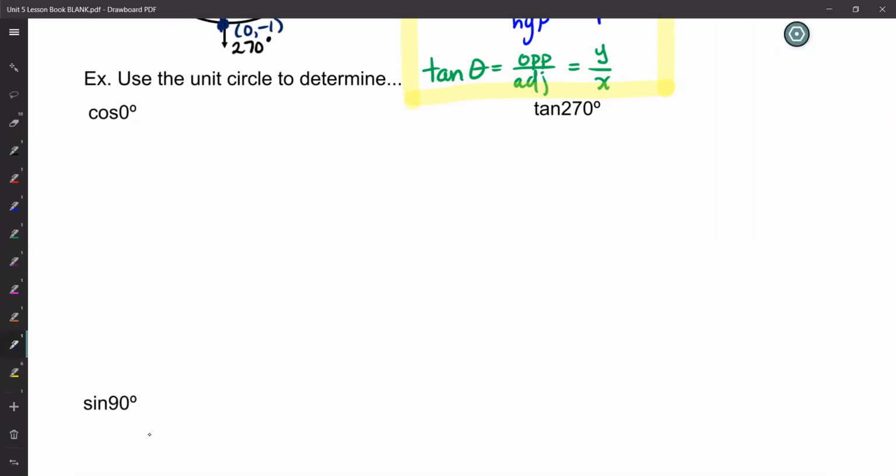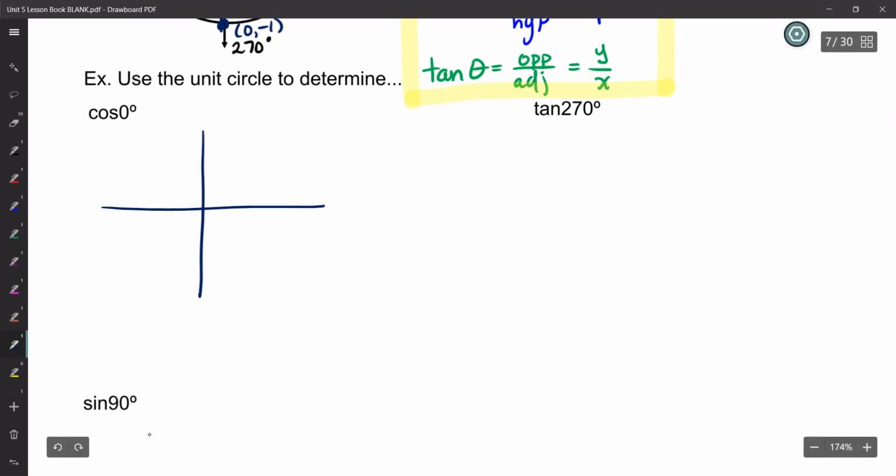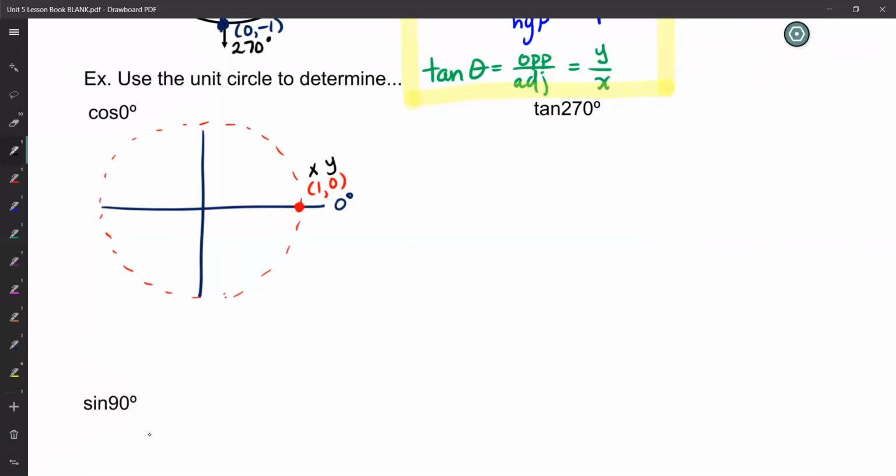Okay, so cos of 0. If I look at my unit circle, at the 0 degree mark, I know that I have at this location right here the point 1, 0. And this is an XY coordinate. What do I know again about the radius of the unit circle?